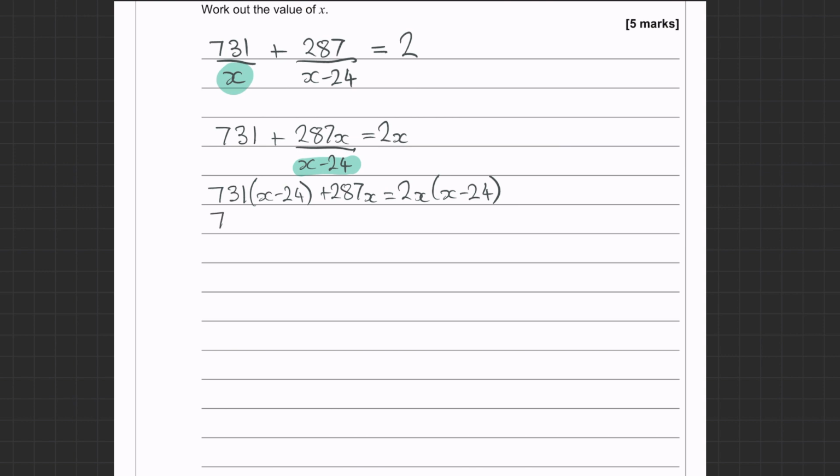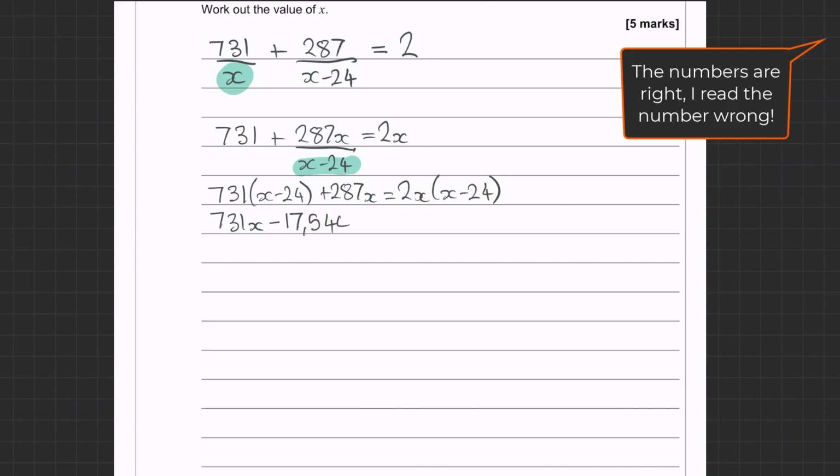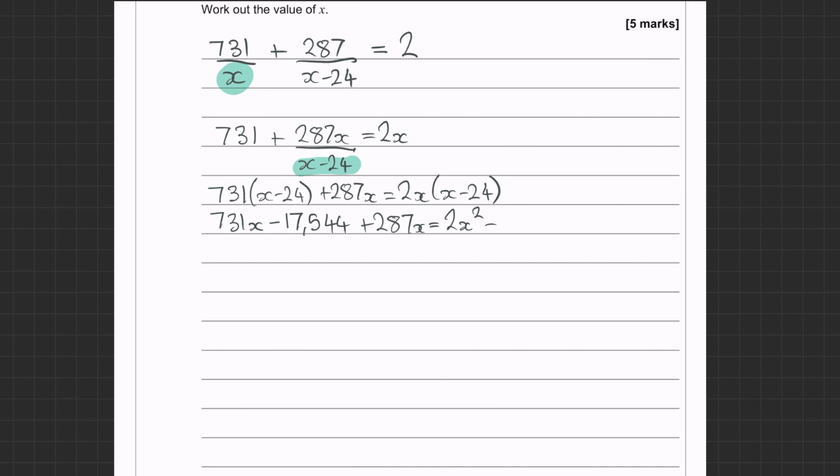Expand it out, is 731x minus 17,554 plus 287x equals 2x squared minus 48x. Simplifying the left-hand side will give us 1,018x minus 17,554.